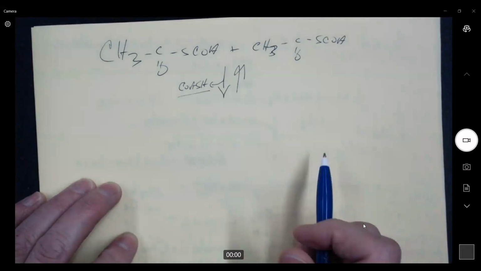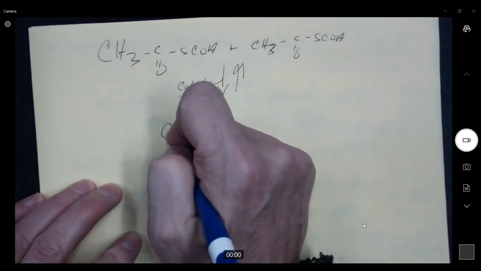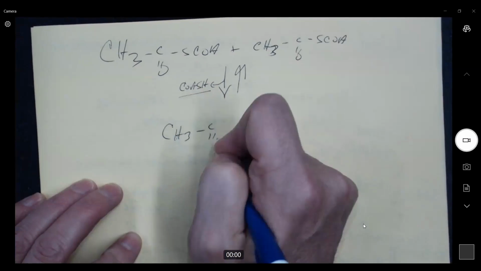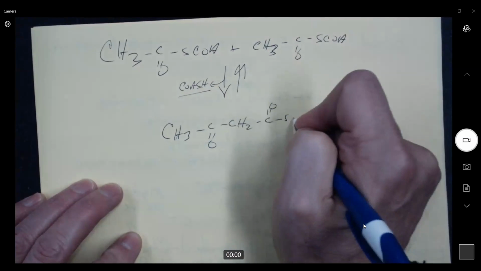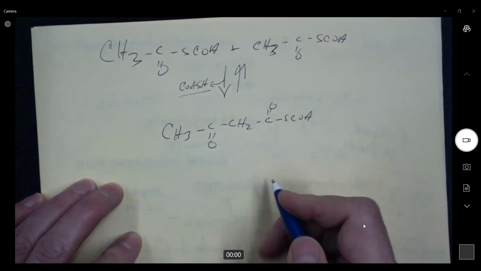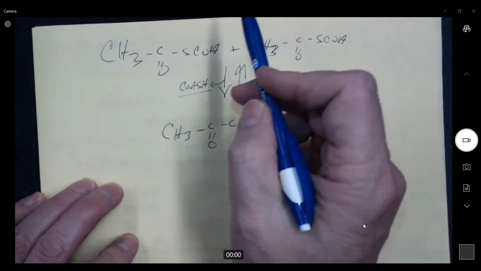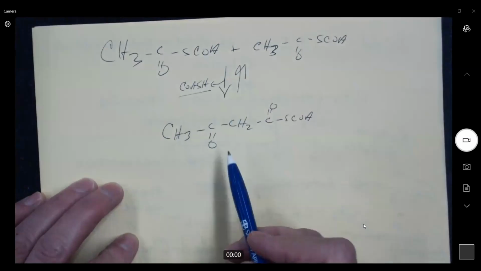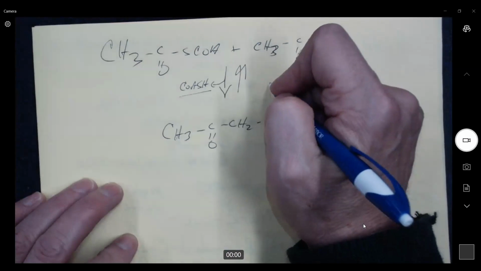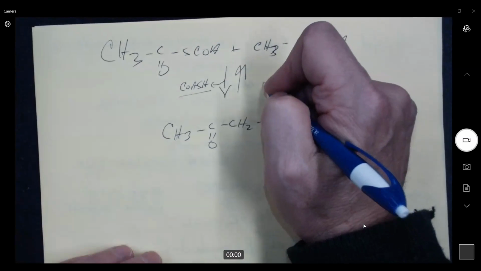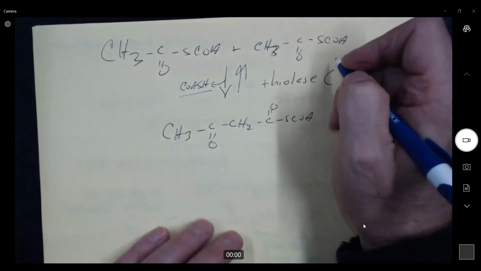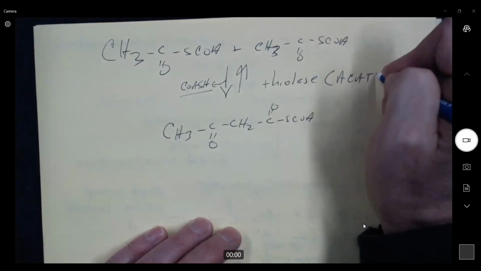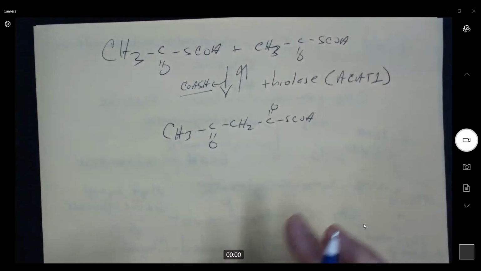You don't need to put any energy into this. So essentially this bond gets sent over there, that hydrogen gets sent there, and you get a free coenzyme A. All right. So this is catalyzed by thiolase, ACAT1.